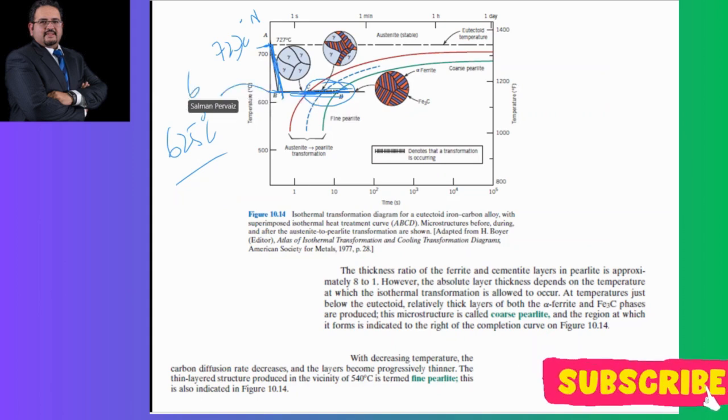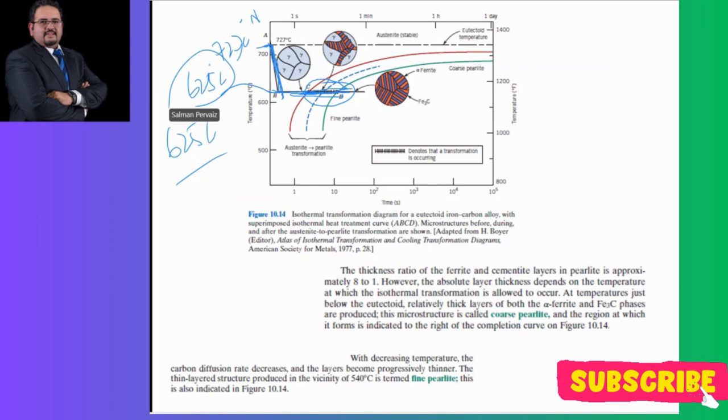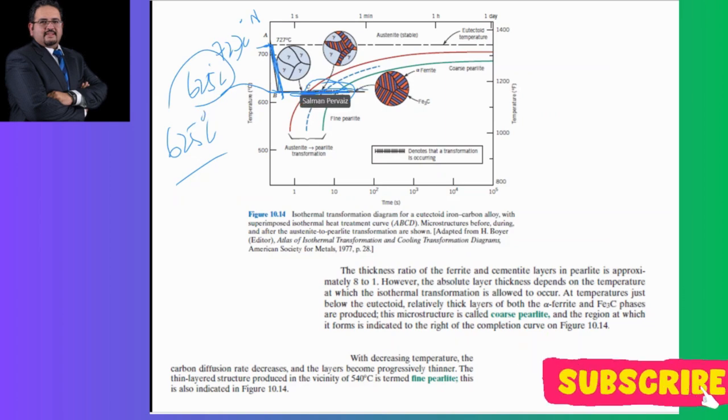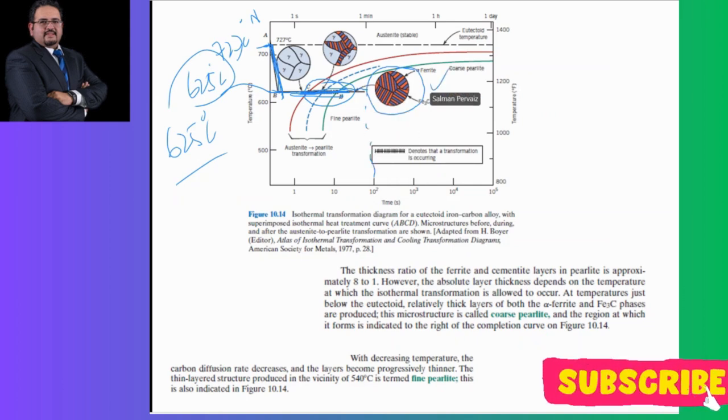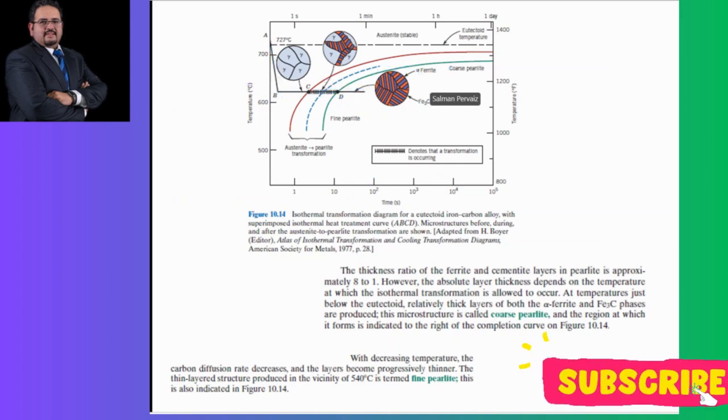This temperature is 625, whatever you are studying. And then on the other side, at this much time, it is now converted into pearlite completely. So that is something that you need to take into account when you study the transformation curves. Students, make sense? Or if you're not sure, let me know. I will again describe it.